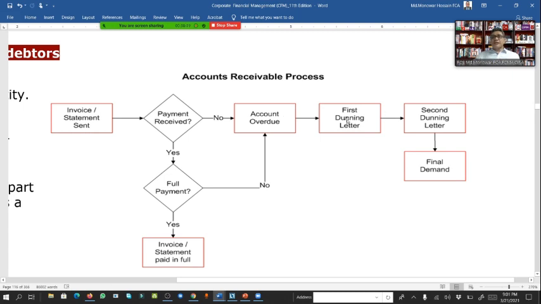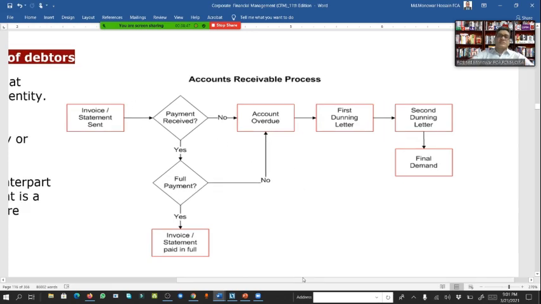First, we give a requisition for the money, then a second time also, and a final demand we can give to our customer. If the account is not overdue, then full payment, then invoice settlement. So this is the flow chart of the accounts receivable process, either within the system or any accounting software.